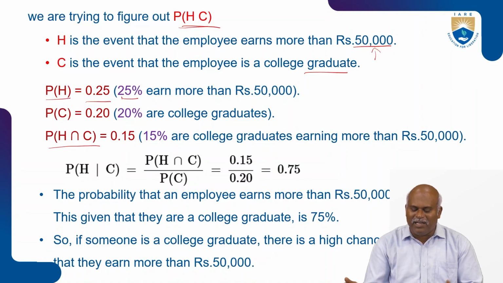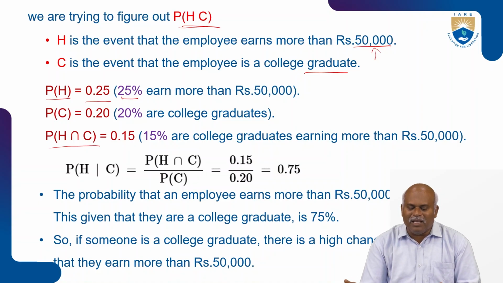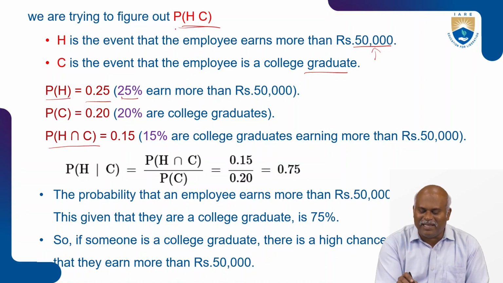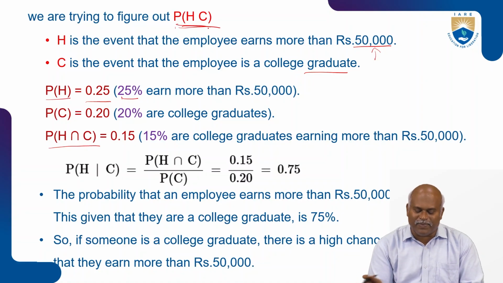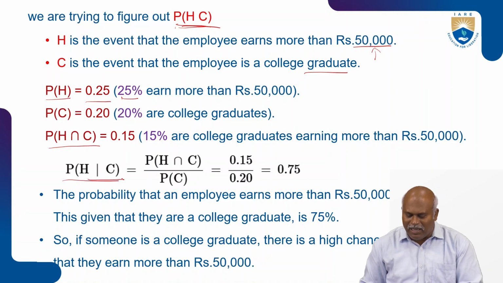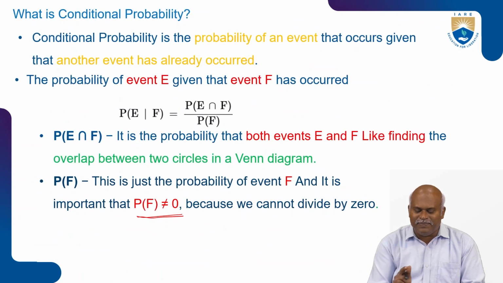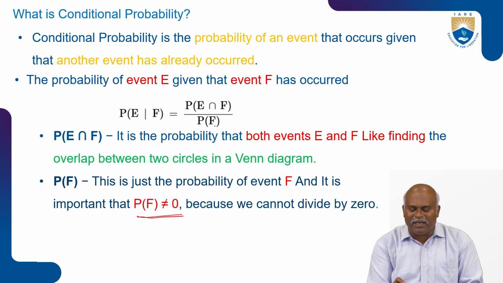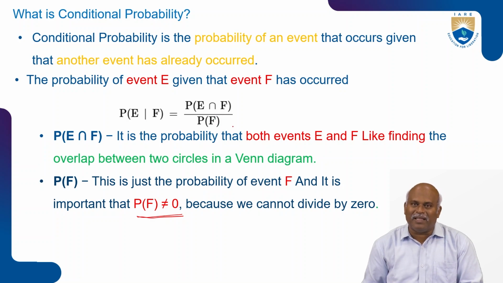Now we need to find out for the conditional event. What is the conditional event? We take the P of H given C. We know the formula of the conditional event: P of E given F is equal to P of E and F divided by P of F. That is called conditional probability.